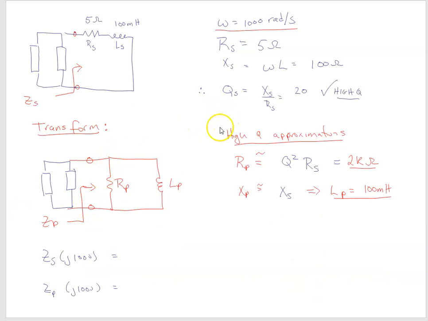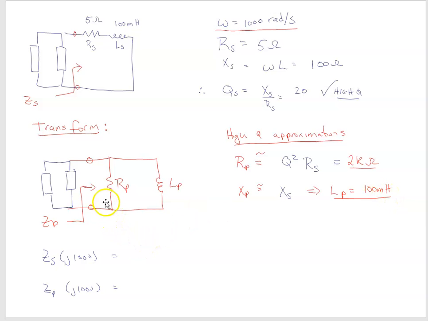Using those, we get that parallel resistance, Q squared times RS, is 20 squared, 400, times this 5 ohms. So that's our 2 kilo ohms. And our XP is approximately equal to XS, so that inductance in parallel is going to be equal to 100 millihenries. So that's not going to change.